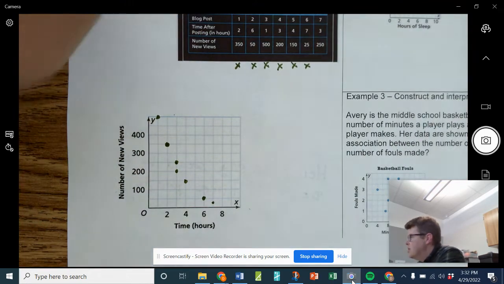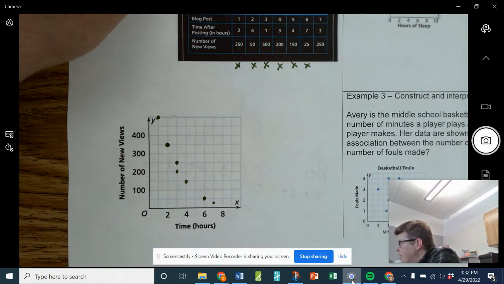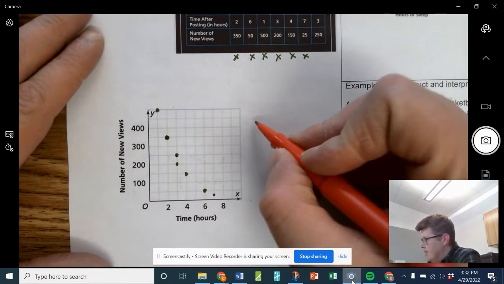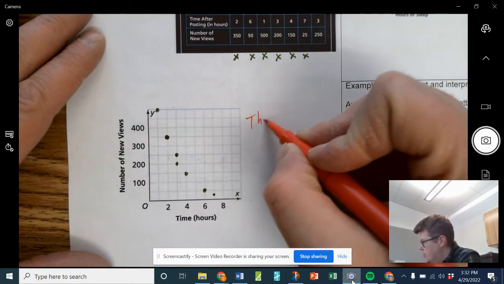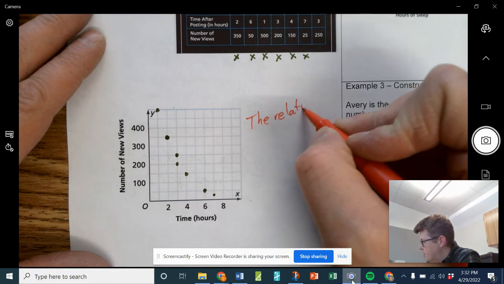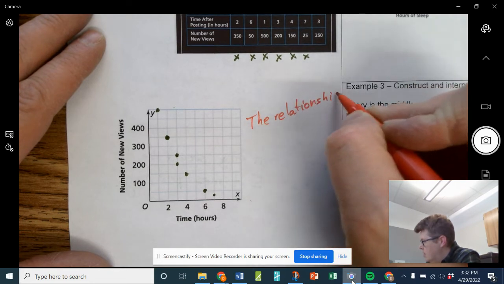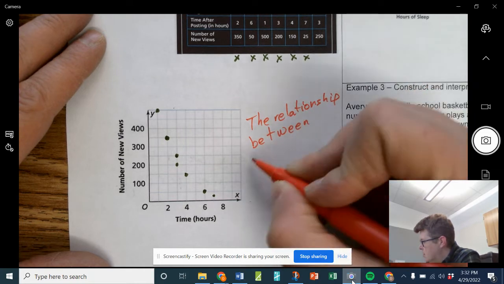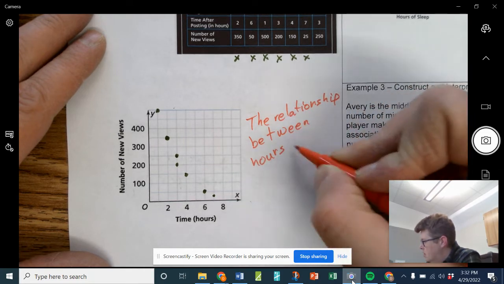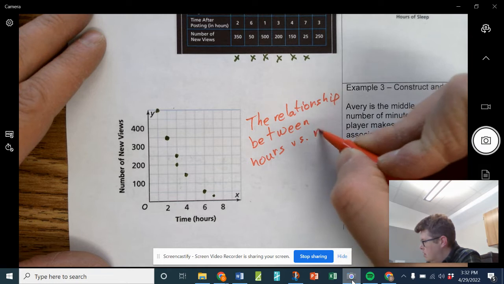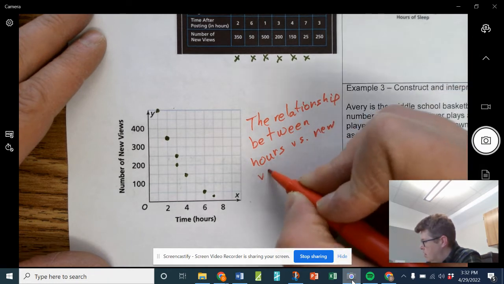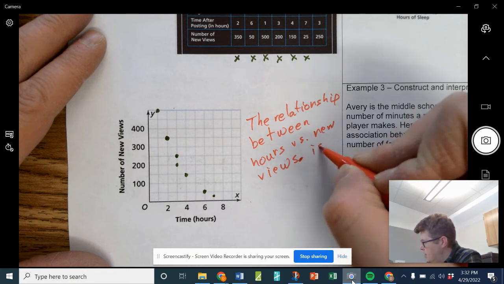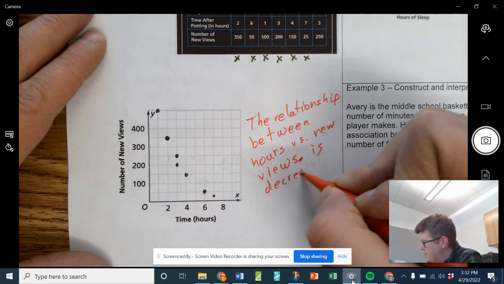So that is the general trend line. That's the general relationship, right? So the relationship between hours versus new views is decreasing, right?